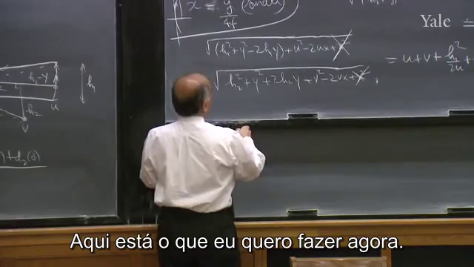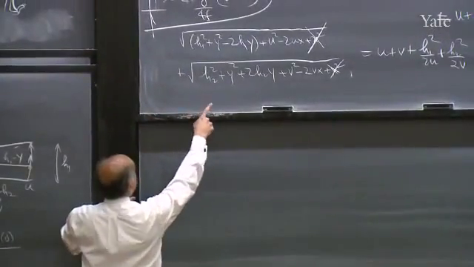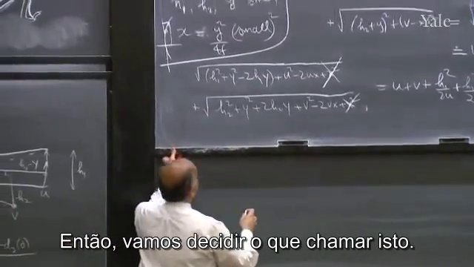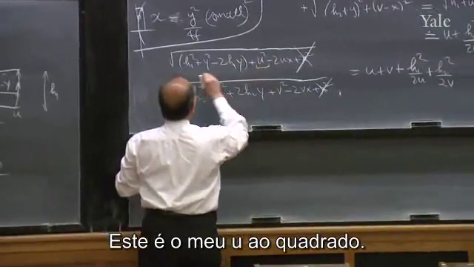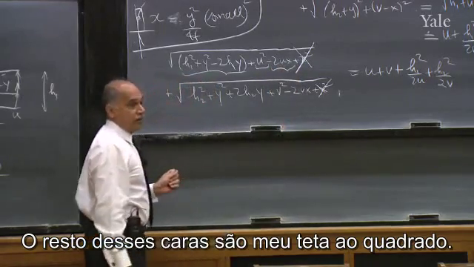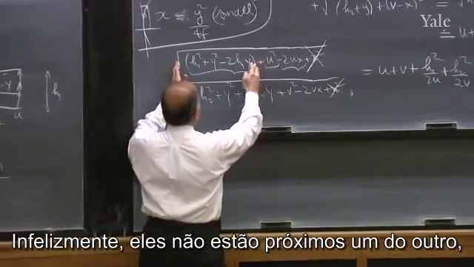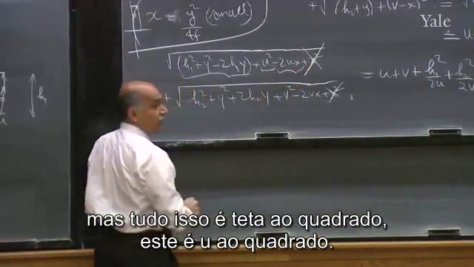So here's what I want to do now. I'm going to write the first thing. So let's decide what to call what. This is my u square. The rest of these guys are my theta square. You understand that? This is u. Unfortunately, they're not next to each other, but all of that is theta squared. This is u squared.